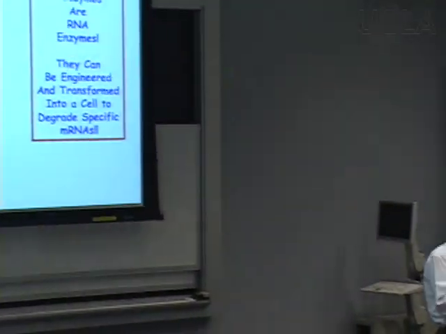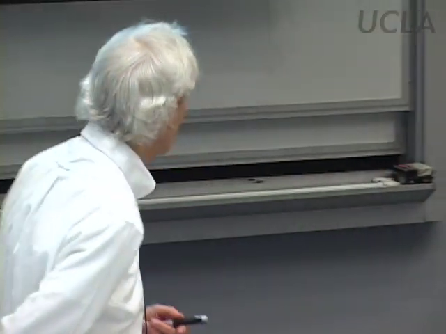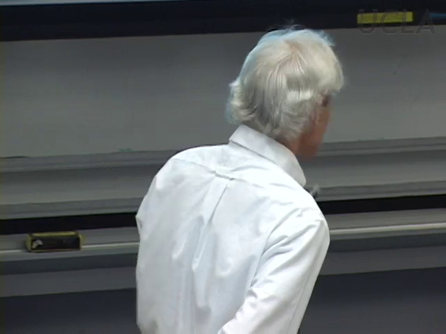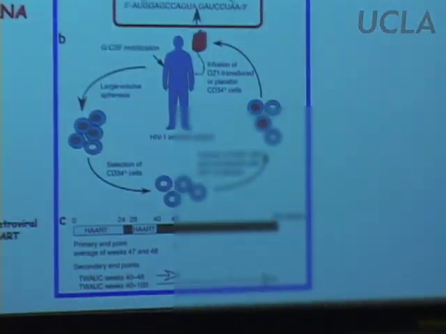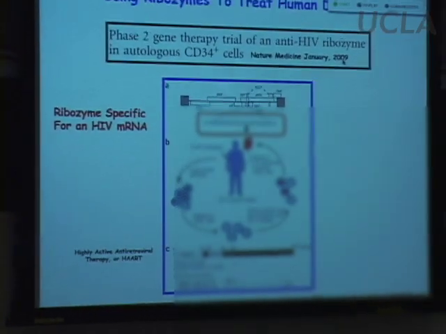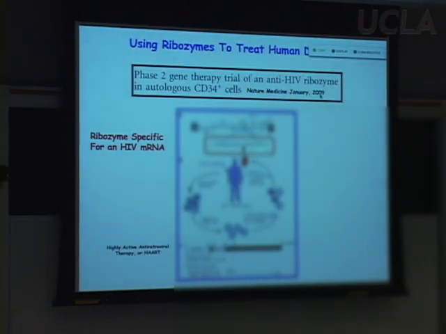This is not RNAi, this is not this primitive immune system. This is a different kind of system, but again, it involves genetic engineering because you have to engineer these things and you have to be able to get them in the cells in some way by some delivery mechanism. And that's just been used just recently in a paper that was published in Nature Medicine this month or last month from a lab here at UCLA in which they used this to destroy a particular transcript of the HIV virus.